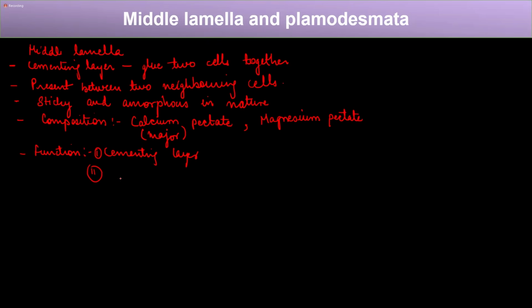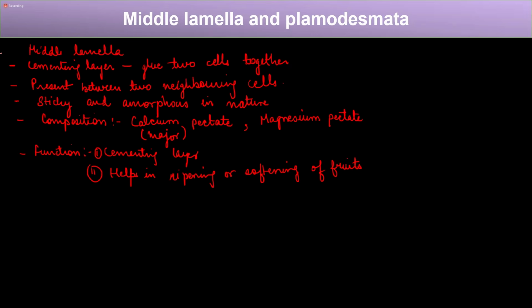So you can say that the fruit is becoming ripened because of the softening of this middle lamella. So it helps in ripening or softening of fruits. Okay, so these are the functions of middle lamella.